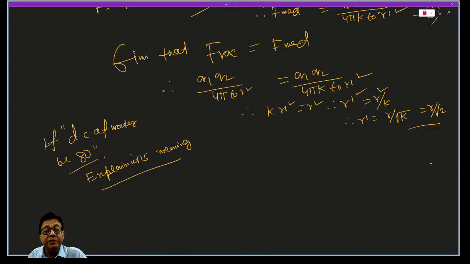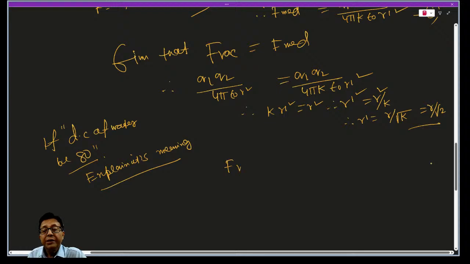By definition, F vacuum by F medium equal to K. So, F medium means F water will be F vacuum by K, that is 80.